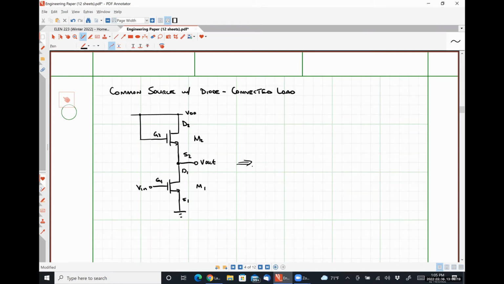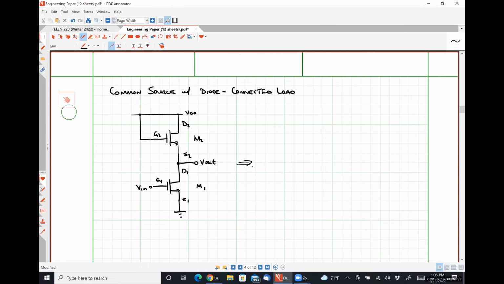So I would argue that in this configuration, the device will always be in saturation because VDS is equal to VGS, which will always be greater than VGS minus VTH. Okay. We have transistor M2 up top, guaranteed to be operating in the saturation region.